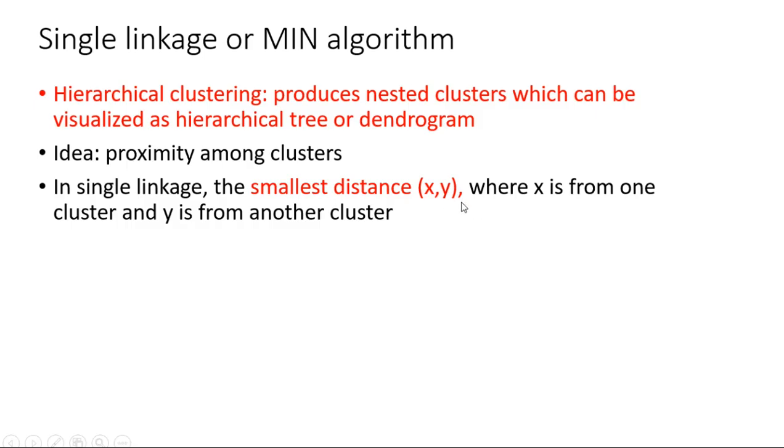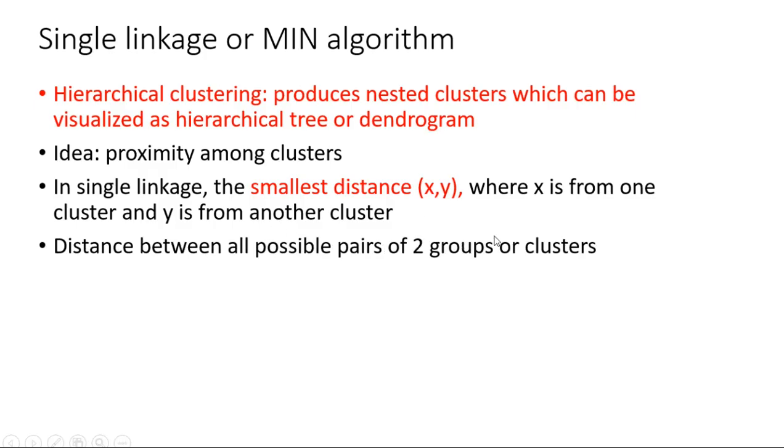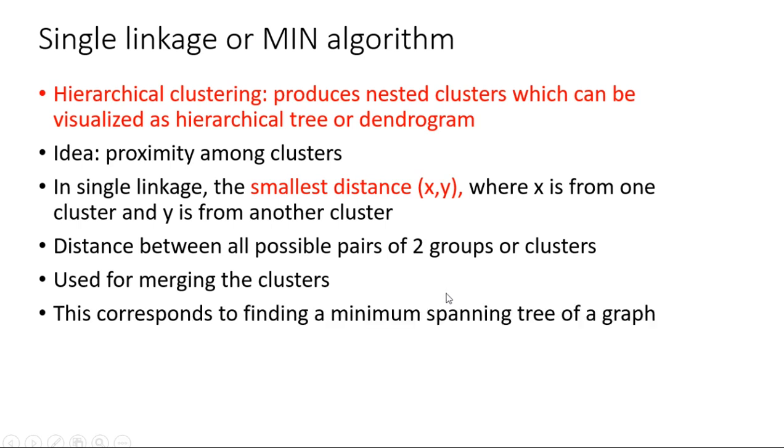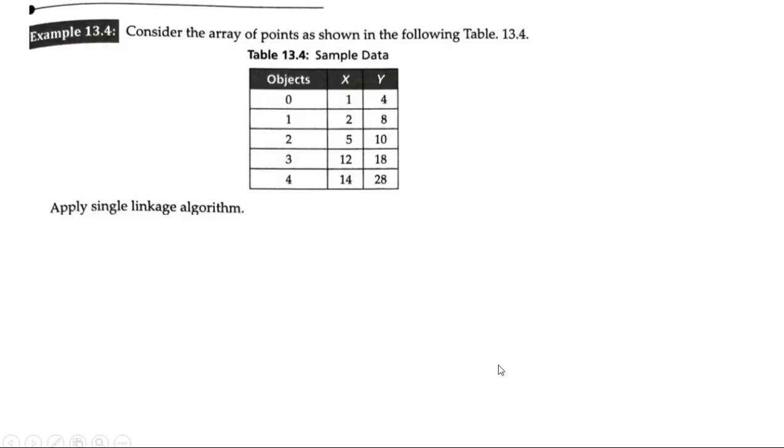We find the smallest distance from X, which is in one cluster, and Y, which is in another cluster. We find the distance between the possible pairs of objects in two clusters, and then we merge them together. The whole concept is very similar to a minimum spanning tree, which you must have studied in graph theory. So let's see a problem on this.